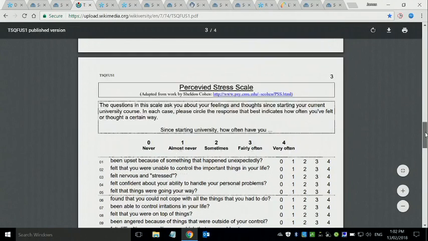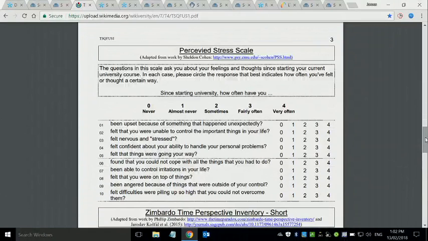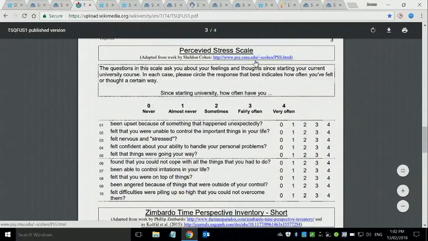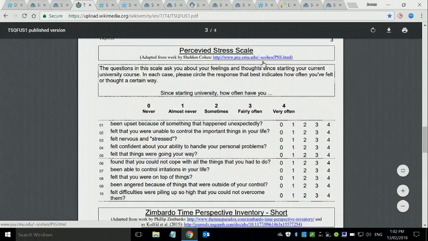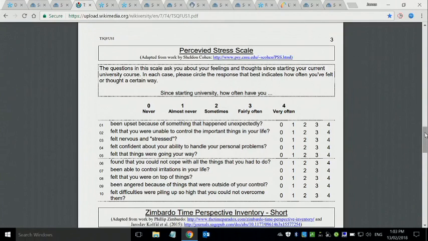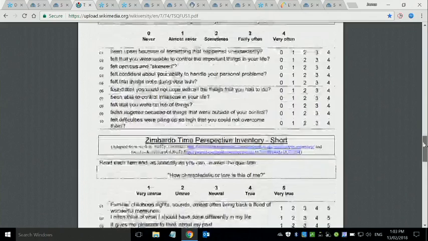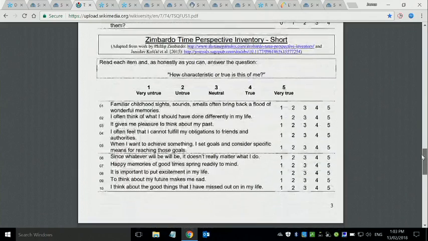So there's a perceived stress scale, and if you want to, your question about can you do some work, you could look up the article that it's based on, and if you wanted to use stress as a variable later in the semester, then you might do some more reading about that.